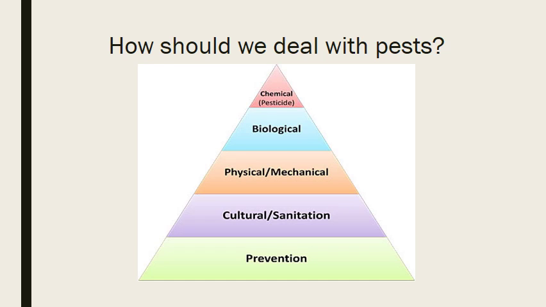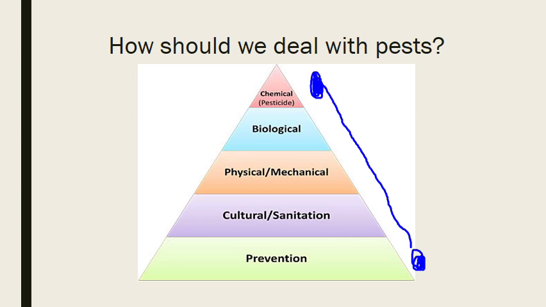So here you'll see the different ways in which integrated pest management works. And really you're looking at starting at the bottom with the most desired method of getting rid of the pest, moving up this pyramid to the least desired. Now, integrated pest management does allow the use of chemical pesticides, but only under very specific instances. You're going to look more about these cultural sanitation things, how you plant, where you plant, when you plant.